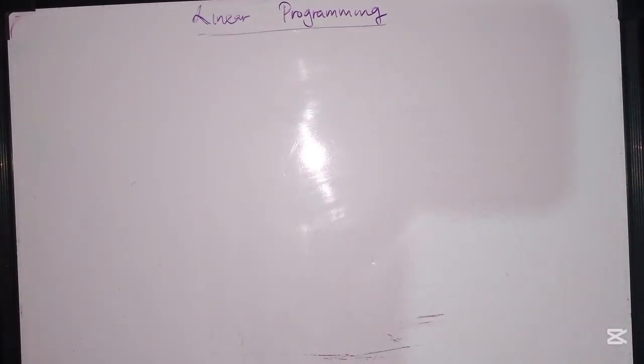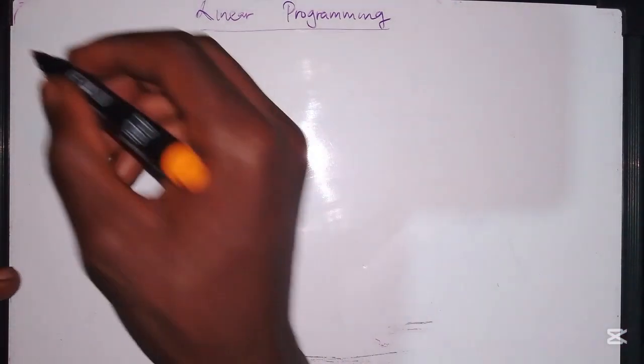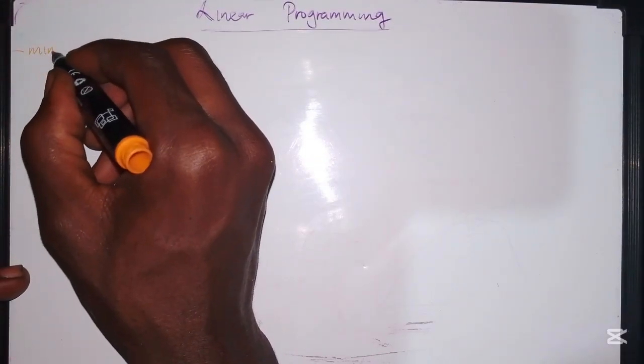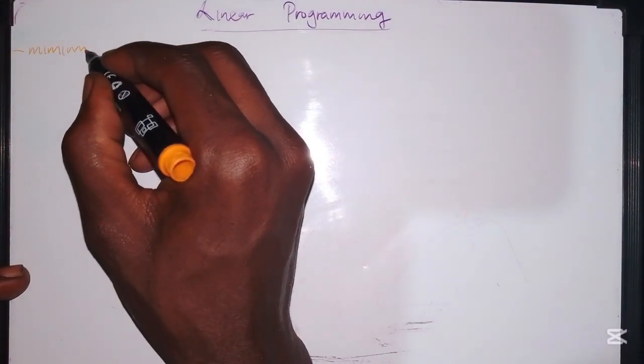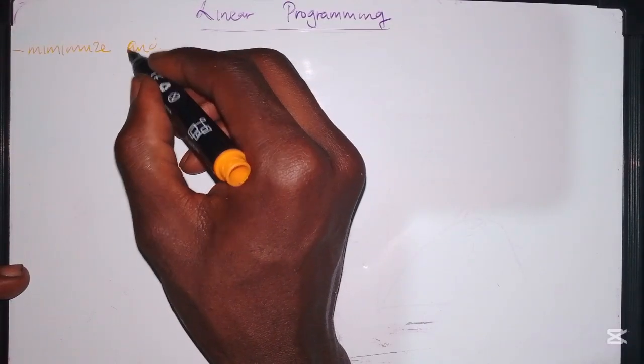So before we start looking at linear programming, we need to understand what exactly is this linear programming. So linear programming, this is just a system, in short, which businessmen and businesswomen use in order to do what? To minimize, and so to minimize what?